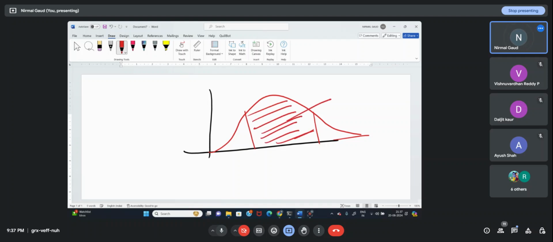I will confirm this part of the rule. This is the shaded region. Most of the area, most of the data points, are present here, and small parts are present here, in the small region.